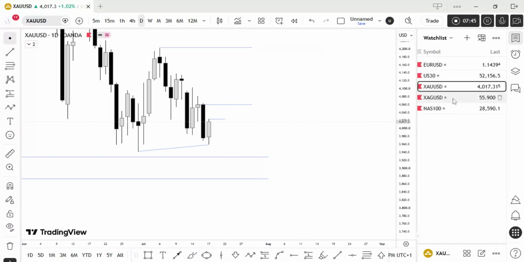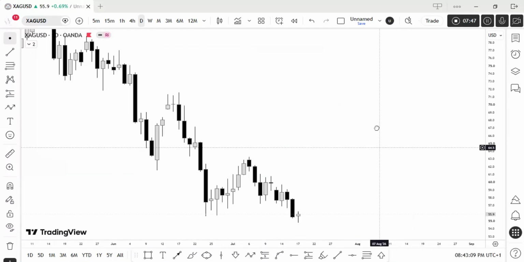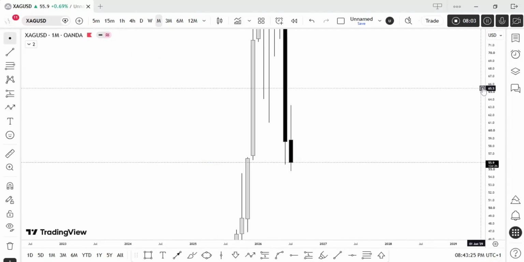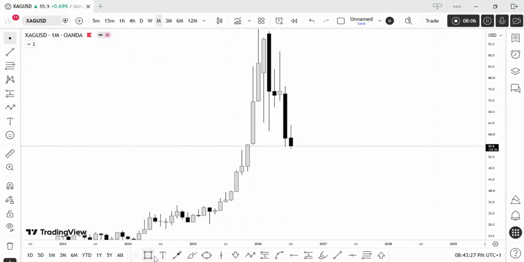Why am I saying this? Going back to XAGUSD, this is where we had the SMT, and also Friday closed as a reversal, which is our candle 2 closure. Now, this can possibly be the beginning of a reversal to the upside because on this monthly time frame of XAGUSD, we have already tapped into our monthly FVG, and now we have swept our previous monthly candle, which is where the SMT is coming from.